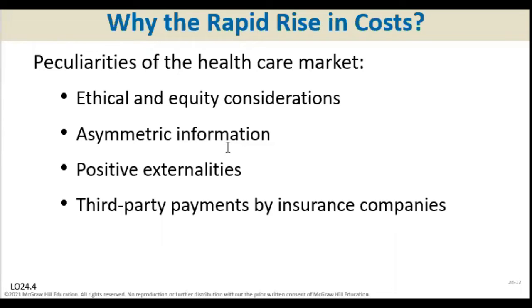Consumers with insurance pay lower out-of-pocket costs. Right, they pay low out-of-pocket costs. And we know that if you don't pay the full price of a product, you will tend to overuse that product. So that's one of the causes also of the rising costs in healthcare.